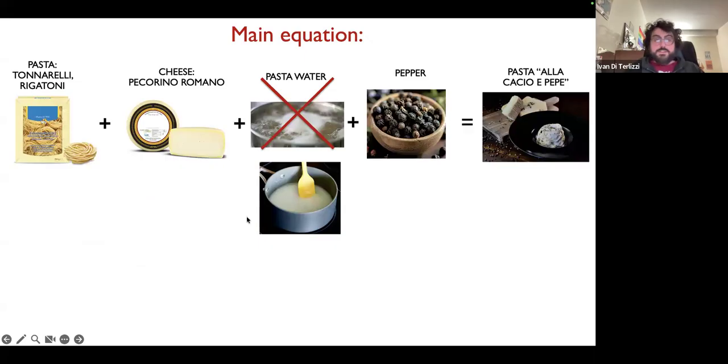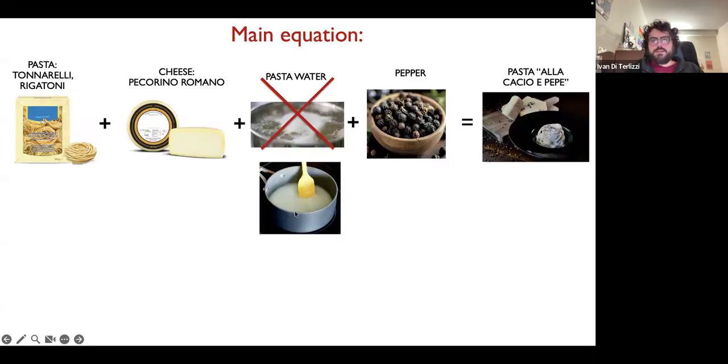Now, in order to study the phase behavior of Cacio e Pepe, we are actually using these considerations to avoid using pasta water, which I know is the traditional thing that every nonna would do, to emulsify the sauce. But for our purposes, it was complicated to use this because you don't have full control of the starch content within the pasta.